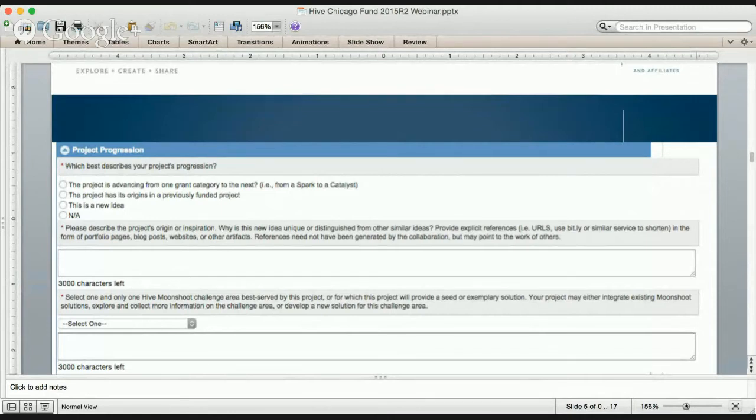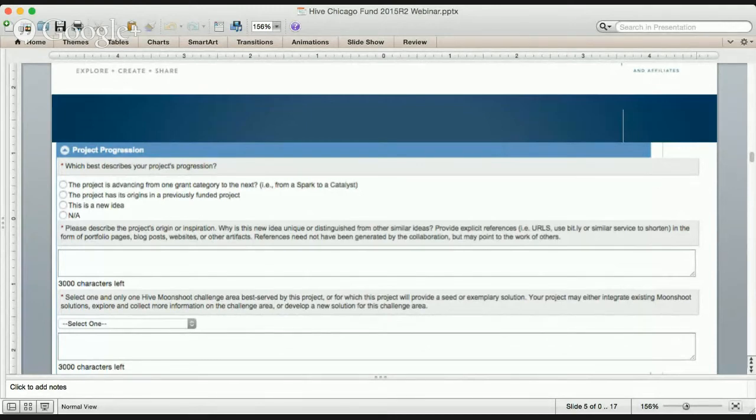So you could provide the URLs, the bit.lys, other documents to show, and that's something that the review committee can look at and review to see what blog posts have been on the topic or the project, websites, other artifacts. So it's actual artifacts that we're referencing in this.